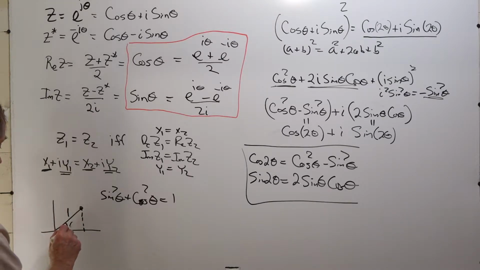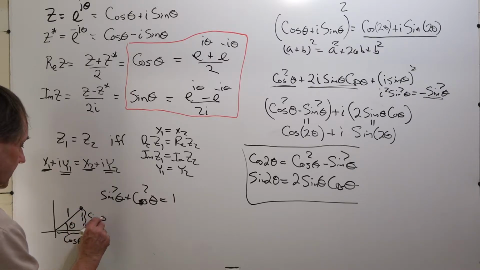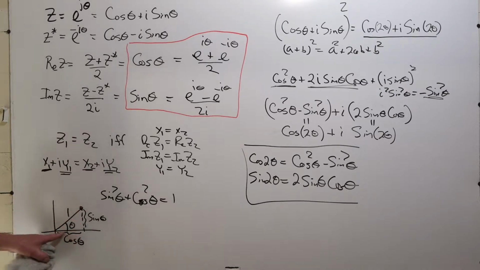The angle is theta, the real part is cosine theta, and the imaginary part is sine theta. So by Pythagoras' theorem, the cosine squared plus the sine squared is equal to 1. And that's what this statement is.